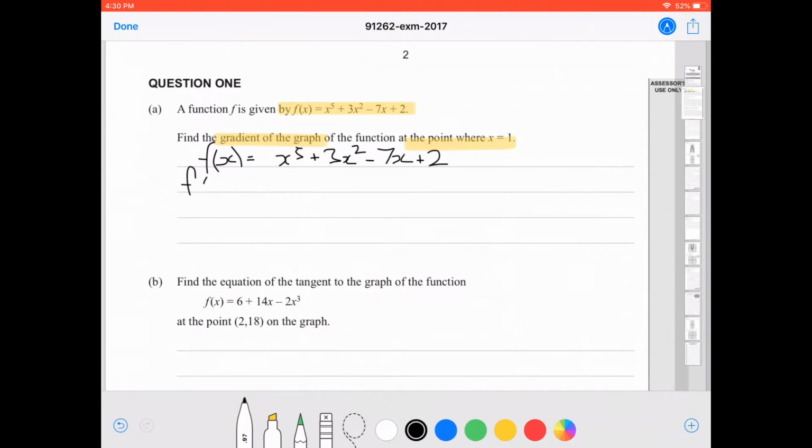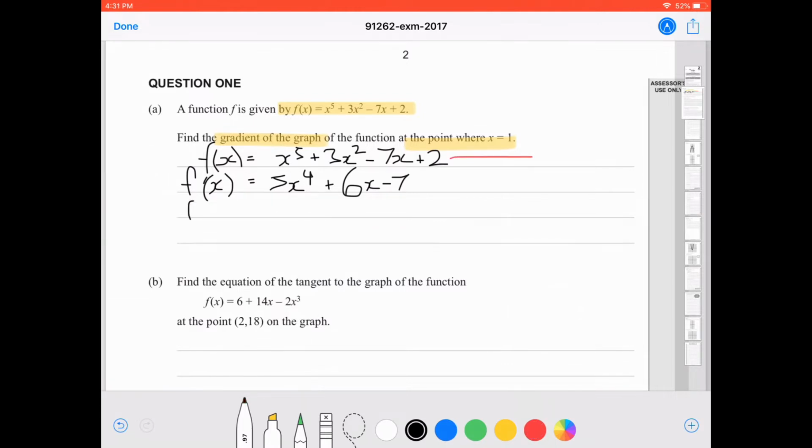So let's go ahead and differentiate. So f dash of x gives us the gradient function. So deriving this, we've got 5x to the power of 4 plus 6x minus 7. And they're asking for the gradient at the point where x equals 1.